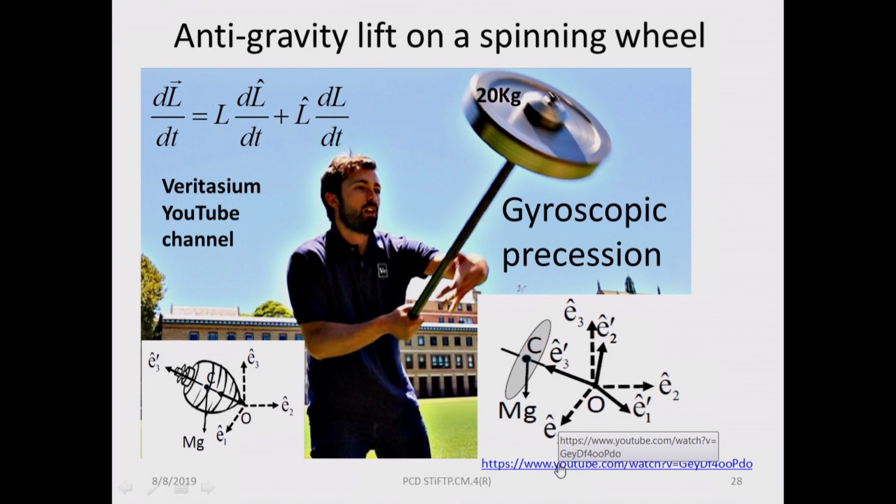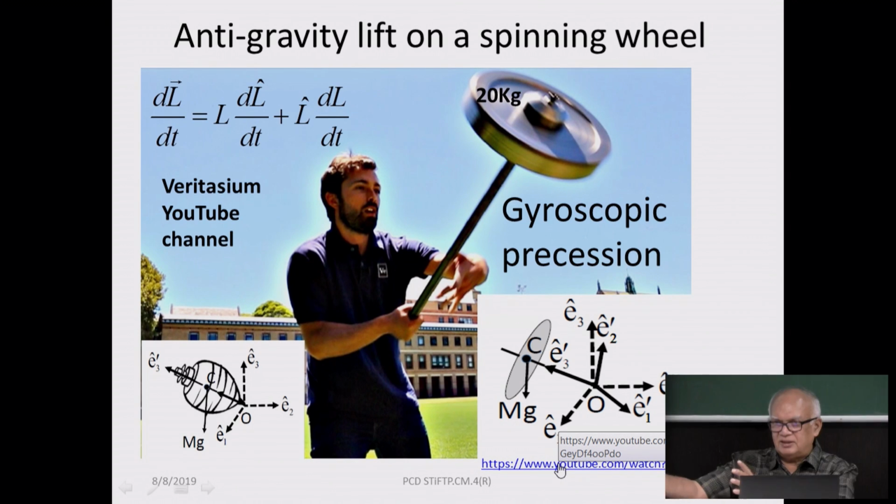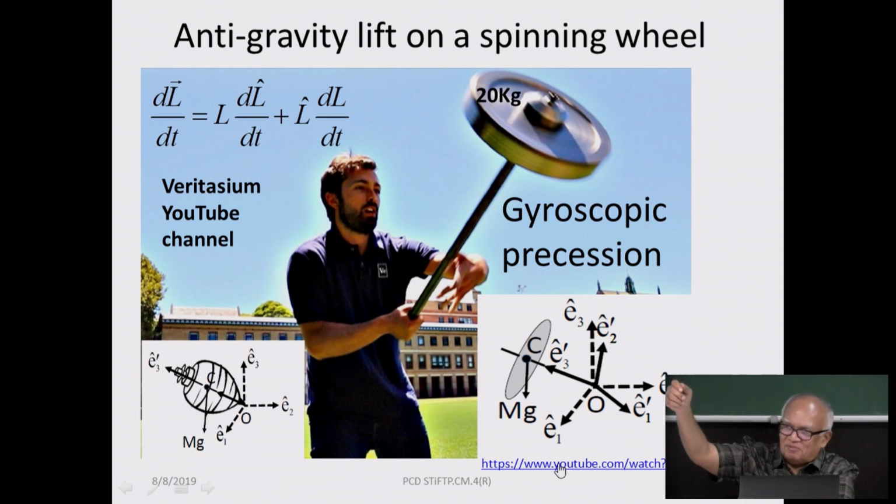This is one that I liked, and you have a 20 kilogram mass, which is huge. All right, when you travel typically with a 20 kilo suitcase, you don't lift it so easily, right?